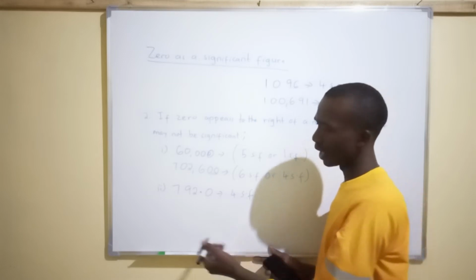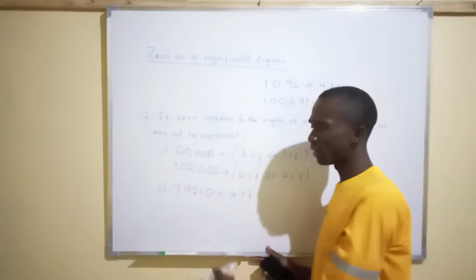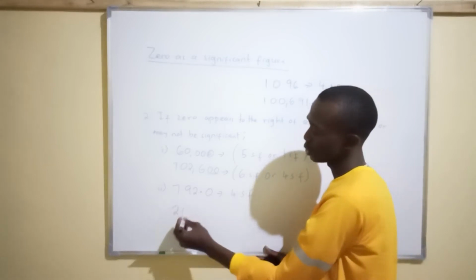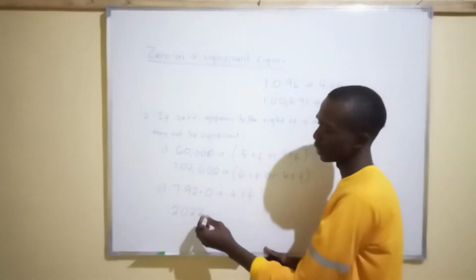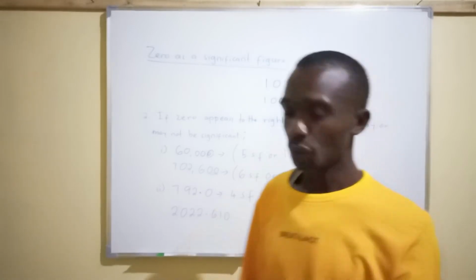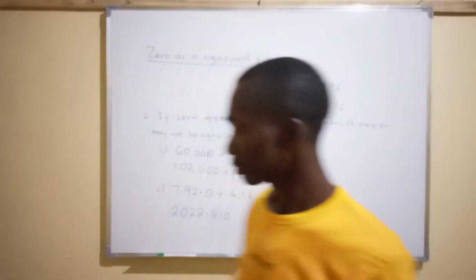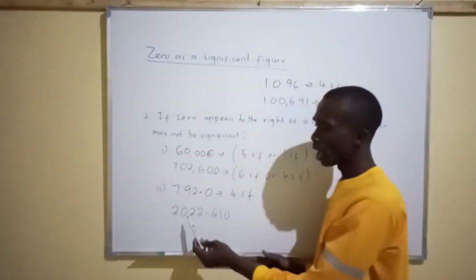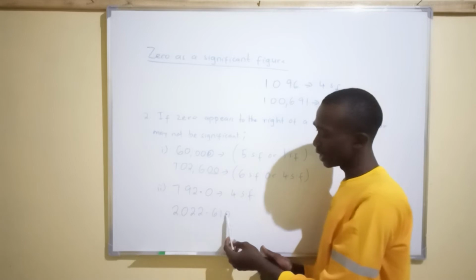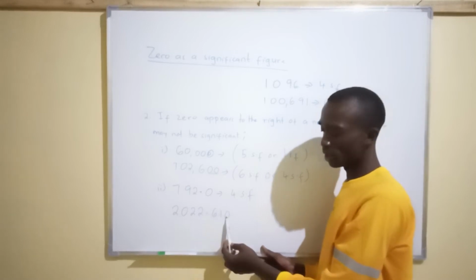Now, another example. I can give an example like 2022.610. Now look, the first zero is in between 2 and 2. The last zero comes after a decimal point.